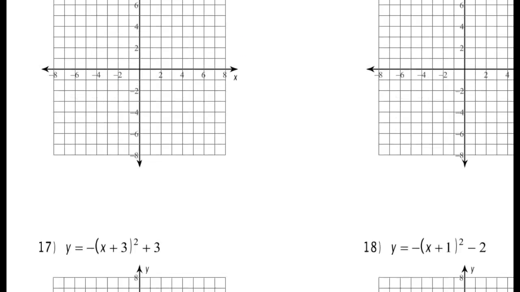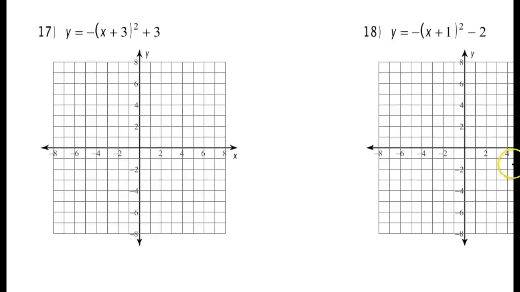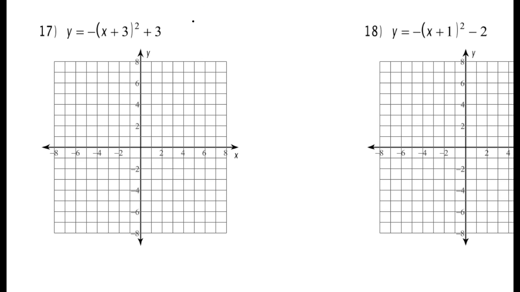Let's go down to 17. So what's the a value here on 17? -1. So does it open up or down? Down. So negative. I know it's going to be doing this just because of that negative over there. That's the a. It's -1. The parabola opens down.